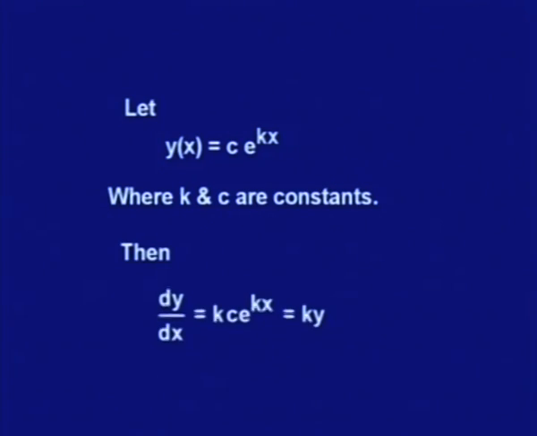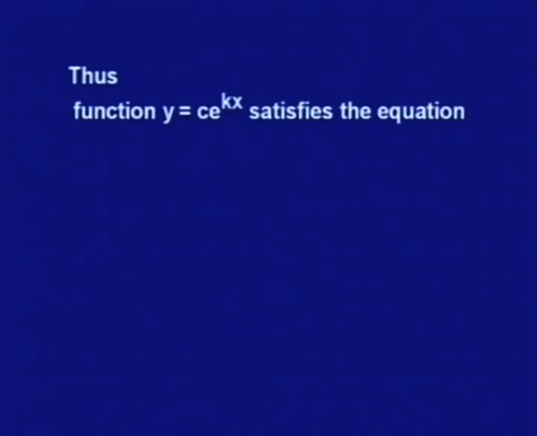If I differentiate it, we get dy over dx is equal to kc times e to the power kx, that is k times y. Thus, the function y is equal to c times e to the power kx satisfies the equation dy over dx is equal to ky.